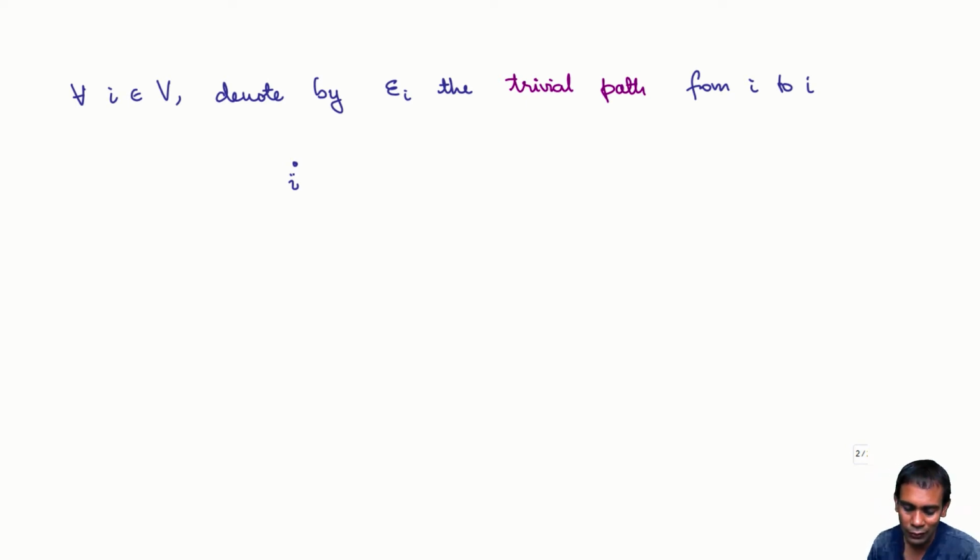So this is a path of length 0. This path means do nothing, starting at I.